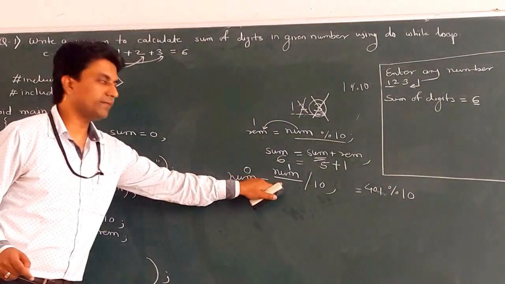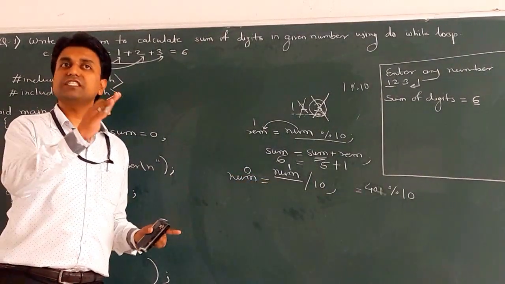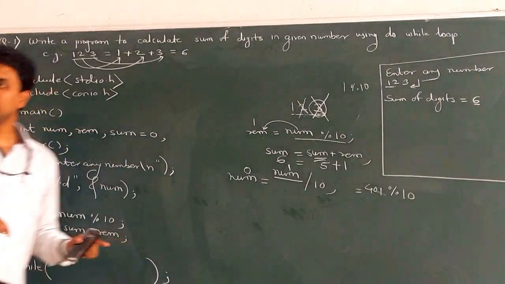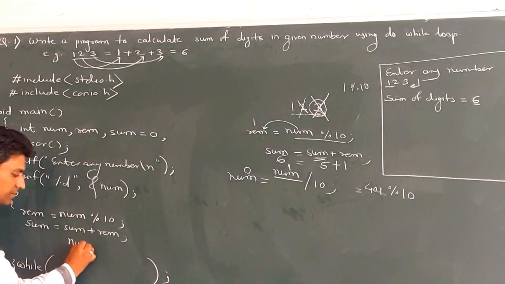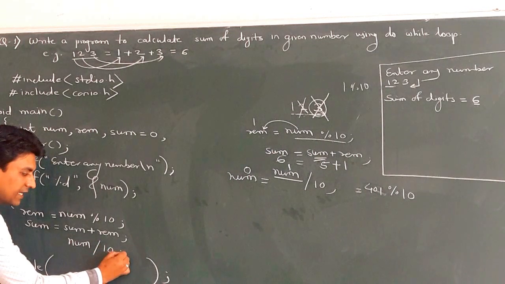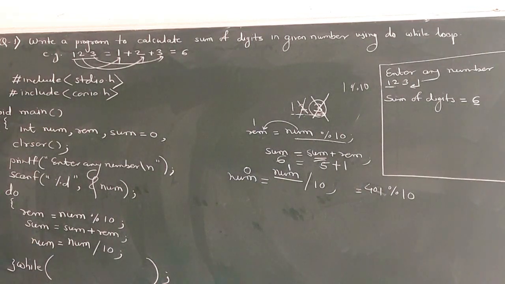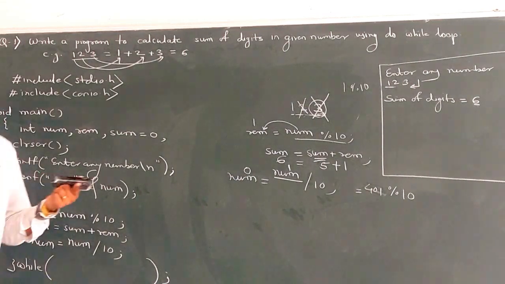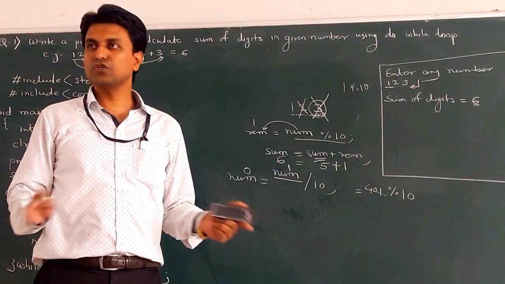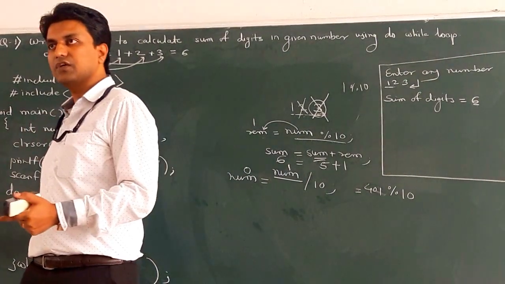Next step, what is the next step? Discard the first digit from your number. For that purpose, num divided by 10, and whatever the result is, save it into the num variable. After that, continue this loop till the number becomes 0. When the number becomes 0, that means it does not contain any digits, so stop executing the loop.